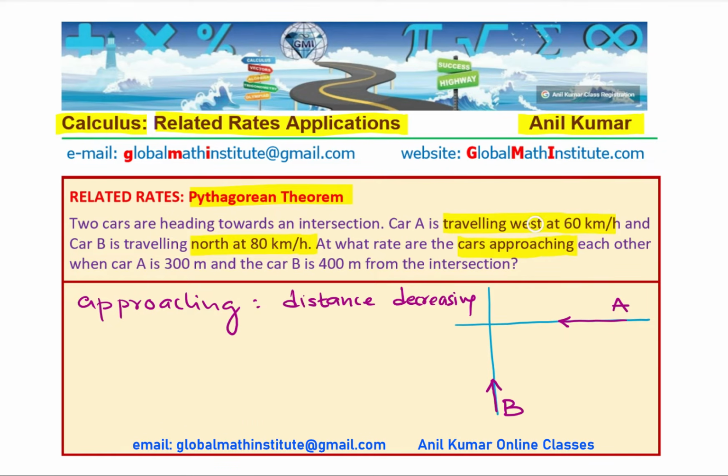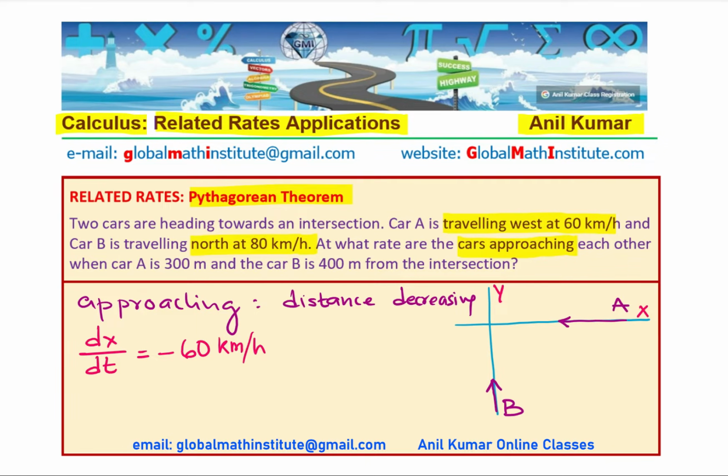They are approaching with a speed given to us, 60 kilometers per hour. So we can write down this speed as change in x. If this is my x and that is y, correct? So we'll write dx/dt equal to minus 60 kilometers per hour.